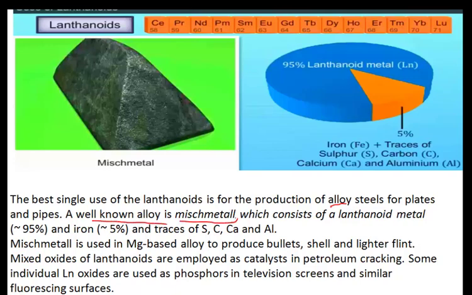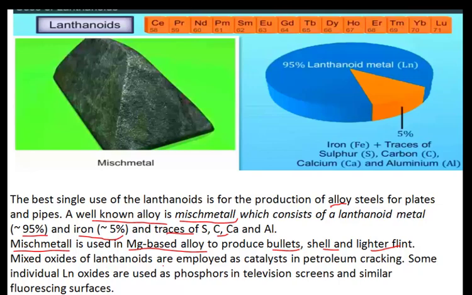This is important. Misch metal consists of lanthanoid metal, near about 95%, and around 5% iron, and then there might be some traces of sulfur, carbon, calcium or aluminium. Misch metal is used in magnesium based alloys to produce bullets, shells and lighter flints.